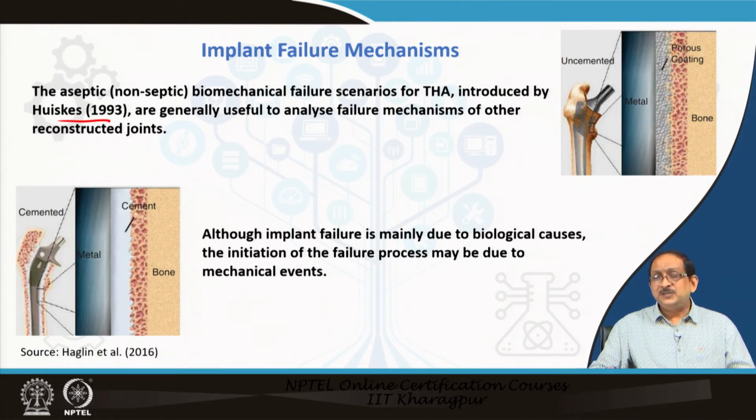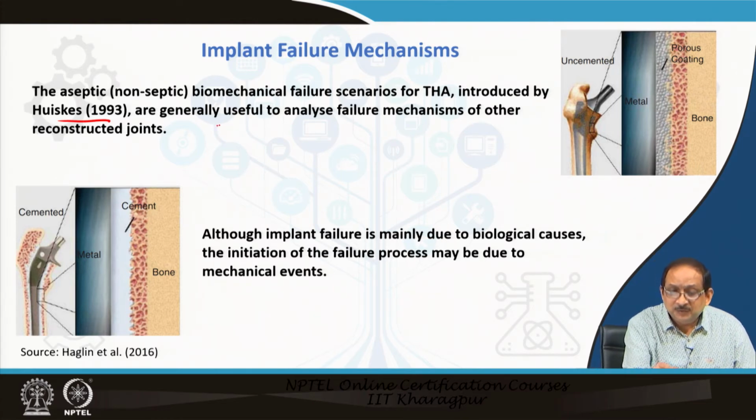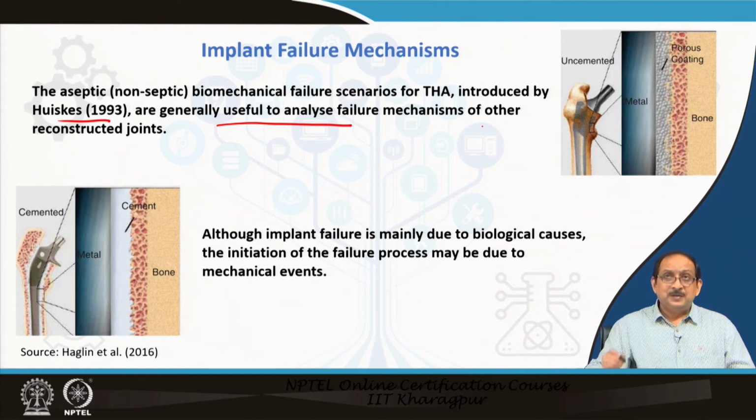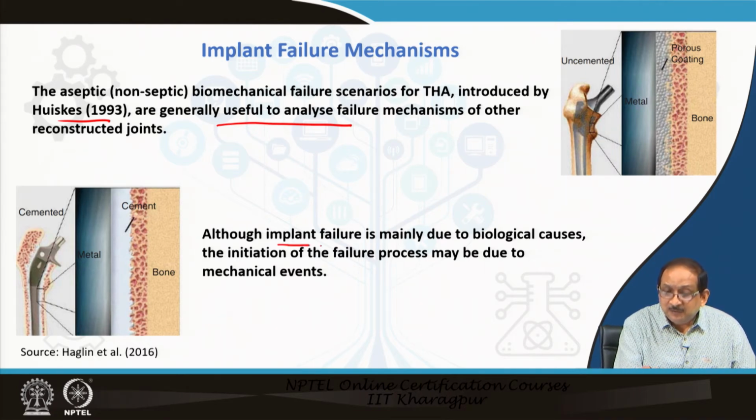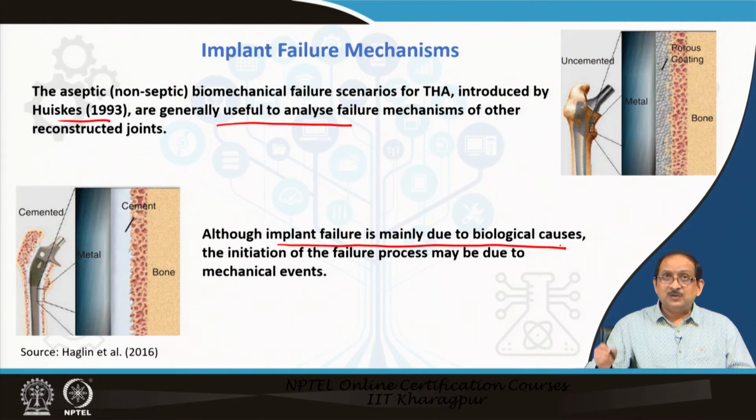But these failure scenarios are generally useful to analyze failure in other reconstructed joints. Although implant failure is mainly due to biological causes, the initiation of the failure process may be due to mechanical events.